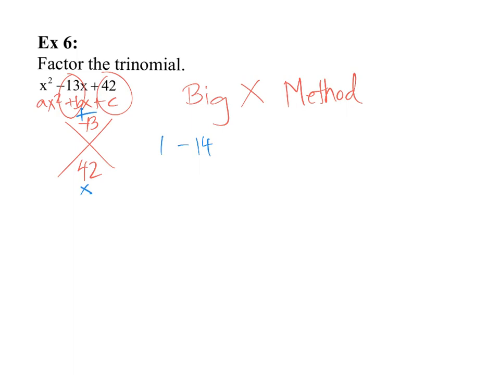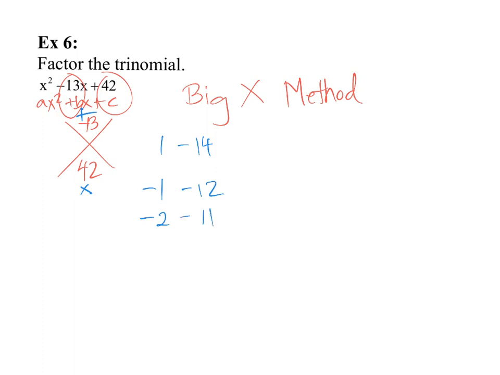Now, if you multiply these, you're not going to get 42. You're also going to get a negative number, and this isn't negative. So what do you do then? Instead of starting with positive 1, you start with negative 1. Now what do you add on to negative 1 to get negative 13? Negative 12. If you multiply those, you don't get 42. So then you move down with the negatives. Negative 2 plus what is negative 13?